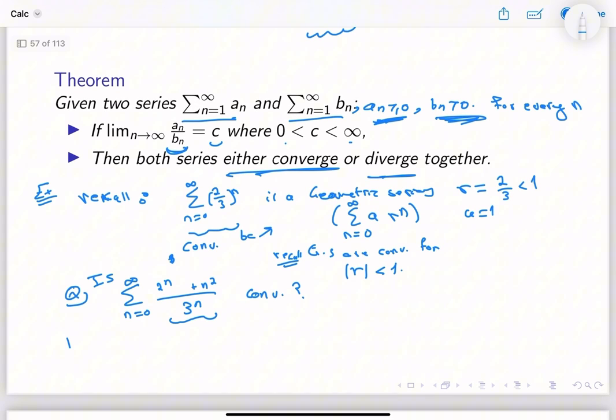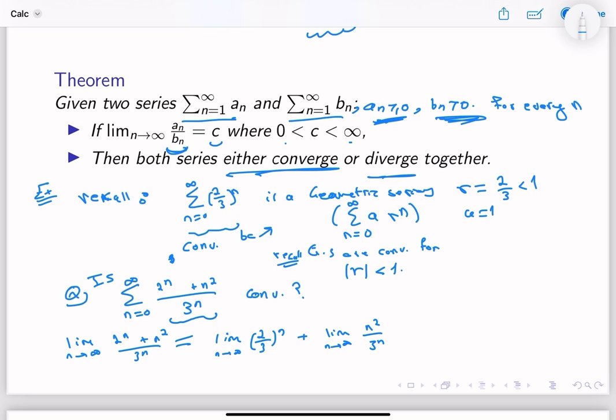What's the limit as n tends to infinity of (2 to the n plus n squared) over 3 to the n? You can break this into the limit of 2 to the n over 3 to the n, grouping them, and then the other limit, if you break the fraction, n squared over 3 to the n, as n goes to infinity.